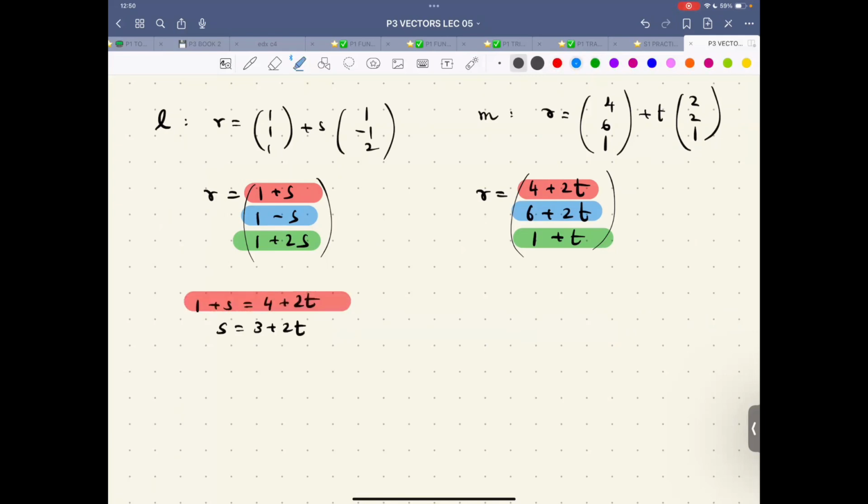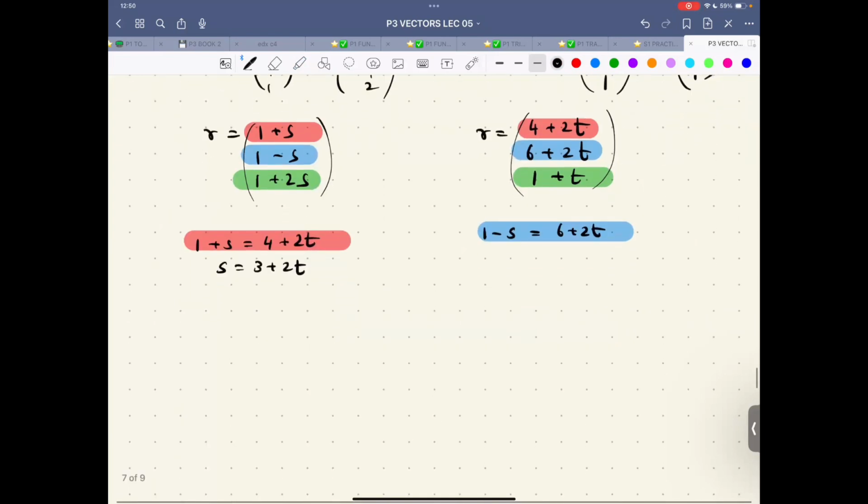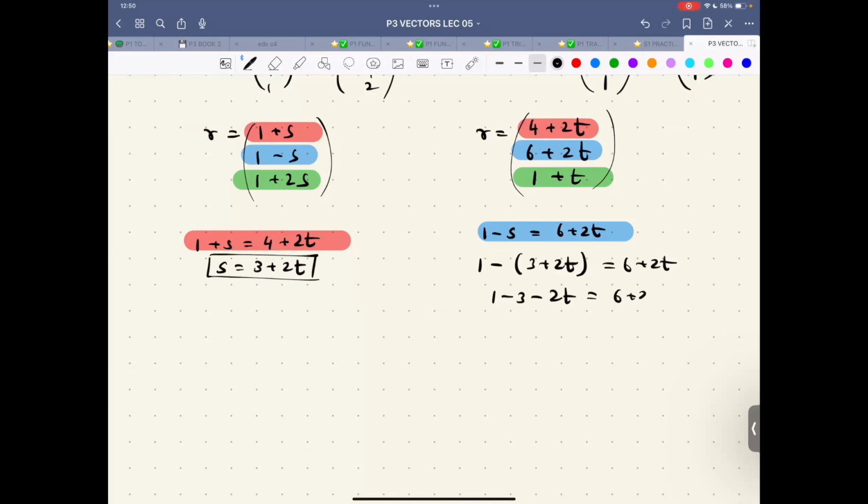And then let me talk about the blue one. That is 1 minus s equals 6 plus 2t. If I make s the subject, I'll just plug it in. So 1 minus (3 plus 2t) equals 6 plus 2t. 1 minus 3 minus 2t is 6 plus 2t.